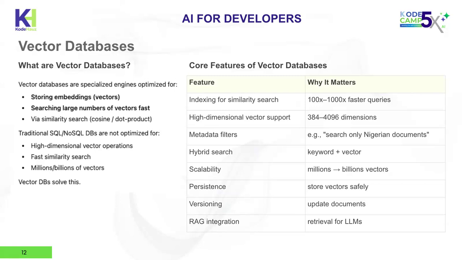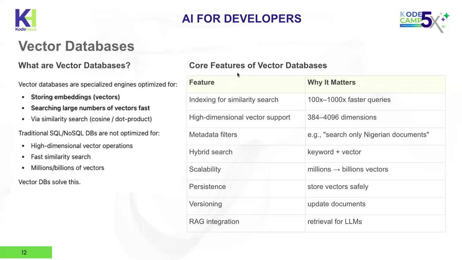In fact, in some of these databases like MySQL, PostgreSQL, and so on, you'll be hearing of things like context search or text context search. That's the closest that they come, right? But they're not optimized for this fast similarity search, and they're not optimized for millions, billions of vectors, which is what you would store. So vector databases solve this problem, right?